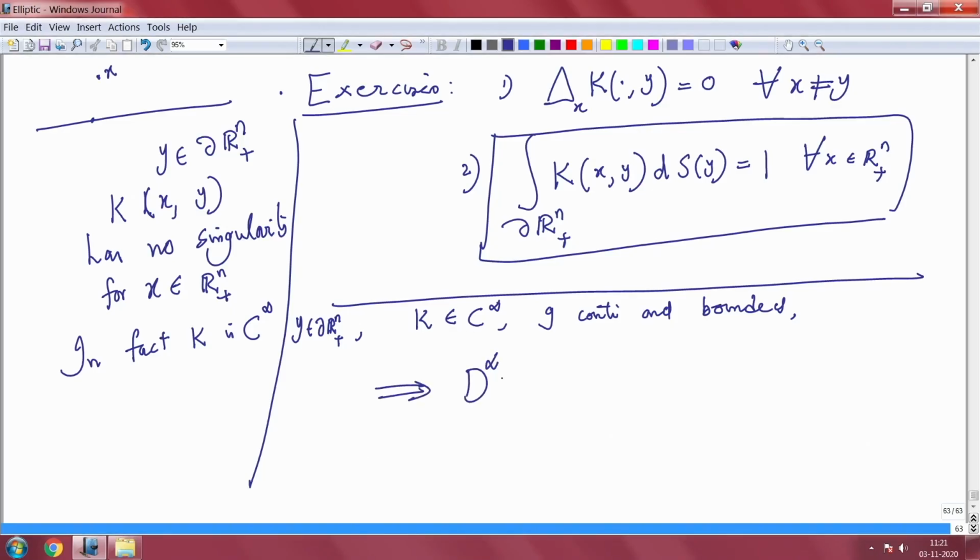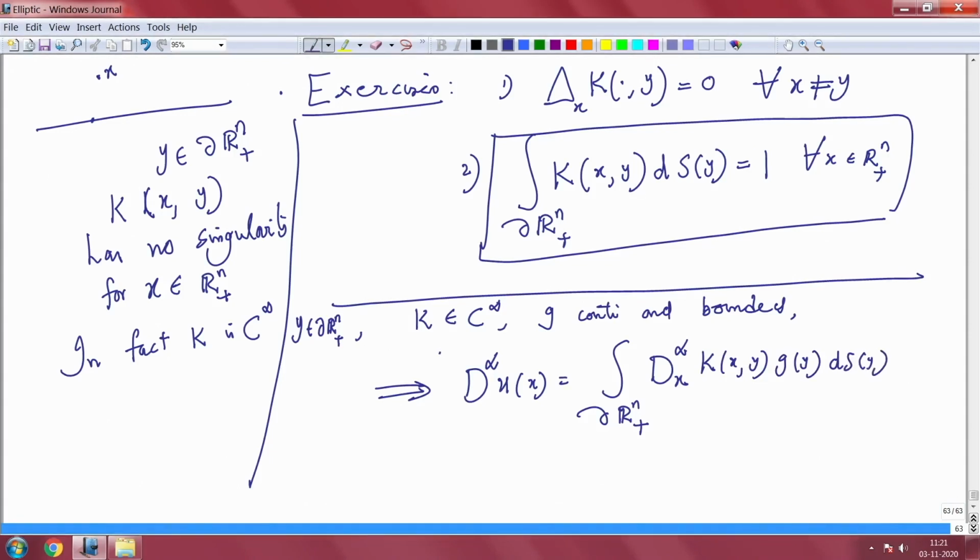Because k is C infinity, you can do this integral over the boundary of R^n plus, D^alpha_x of k(x, y) g(y) dS_y.